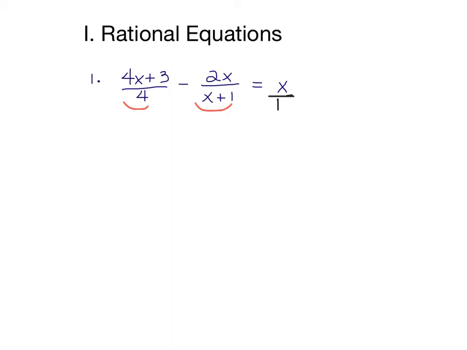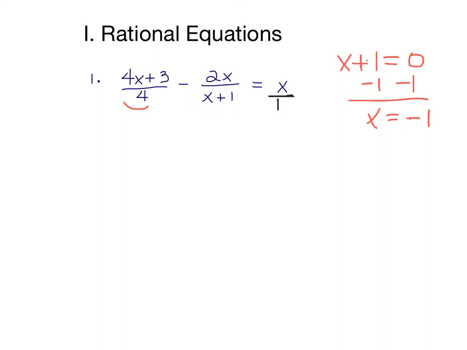-1. And the way that you would do that is you could do x plus 1. If you can't just see it, you set it equal to 0 and solve for x. So you can see that if x is -1, that would make this denominator become a 0, which would make the whole problem undefined. Then the last fraction has a 1 in the denominator, so we don't have to worry about that.